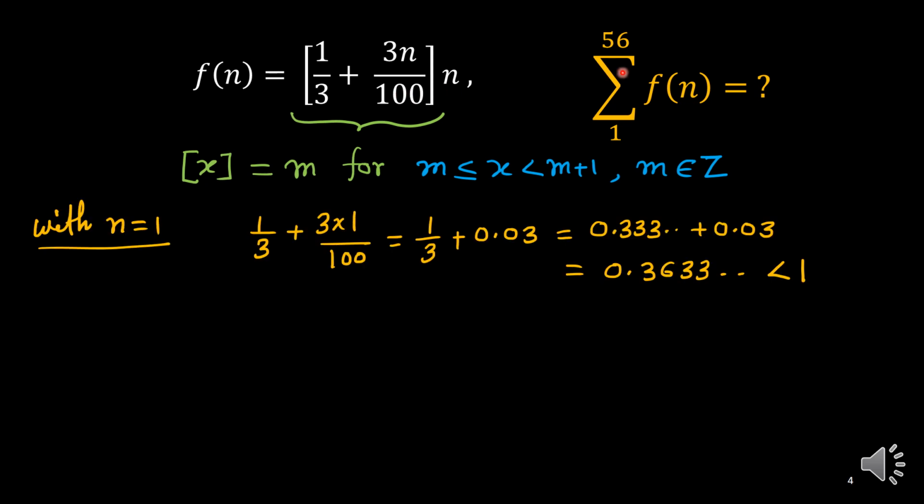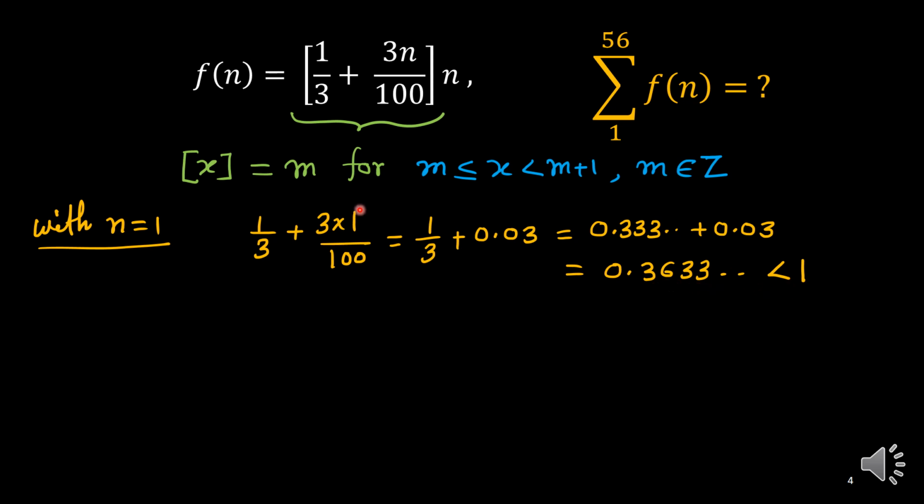Okay, so we will start with the first one. With n equal to 1, we want to see the value of this x. Here it is 1 upon 3 plus 3 times 1, where we replace n by 1, upon 100. So you will get 1/3, and 3 by 100 means 0.03. If you add these two, you will get 0.3633, which is less than 1.